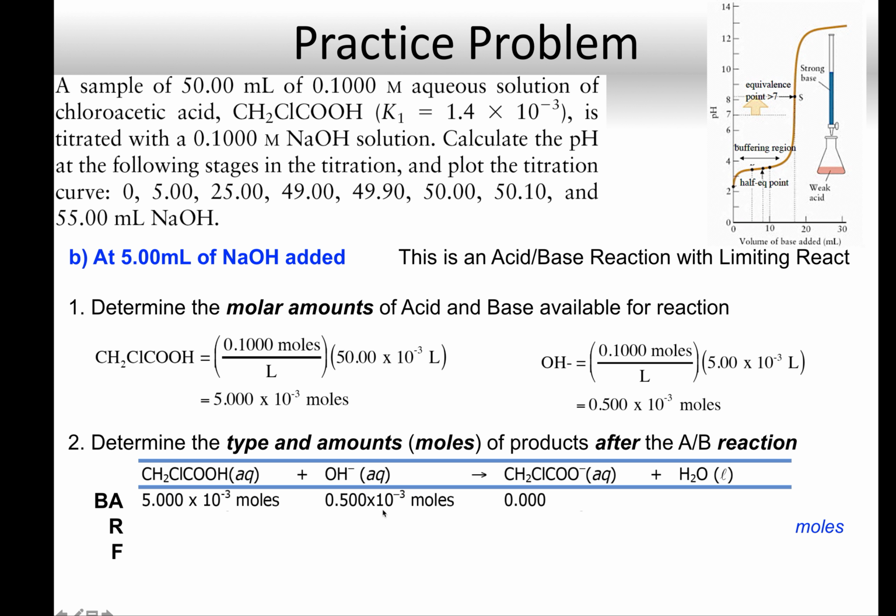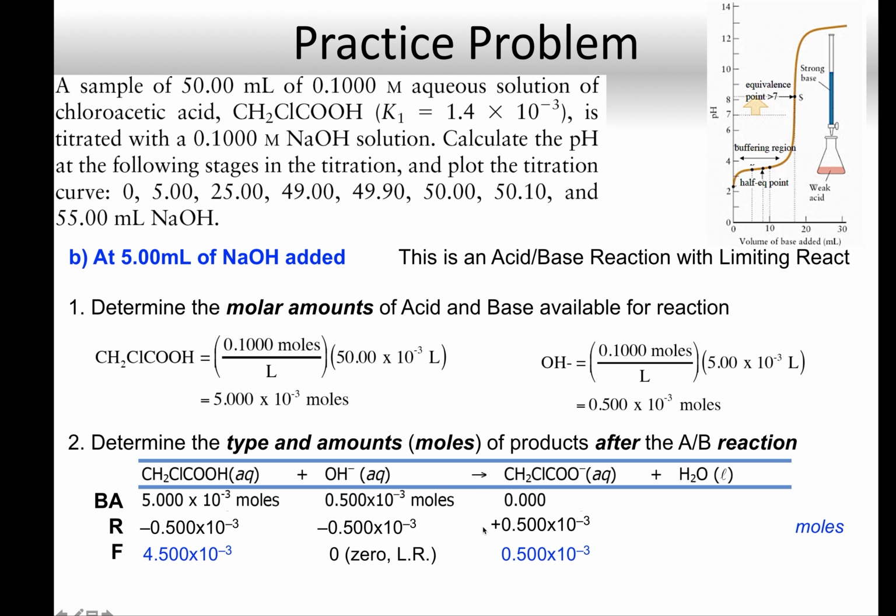Because it's the limiting reactant, it's going to be fully consumed during the reaction. So if you started with 0.5 millimoles, 0.5 millimoles will have to react. And this amount is what determines how much of the acid is reacting, and it's also determining how much of the conjugate base is being produced.